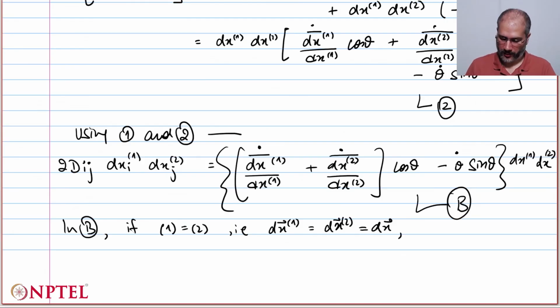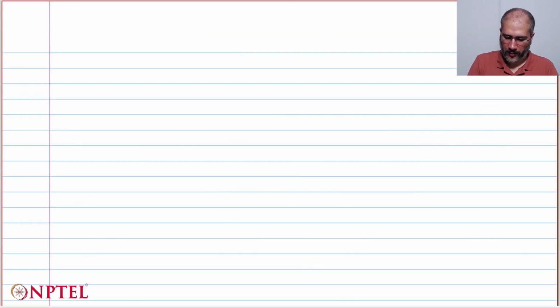So I'll let you do it, and what you will get is dij ni nj is equal to dx dot upon dx. And this is something we already found out earlier. So there's nothing interesting we get from putting 1 equals 2 here. However, if I take my dx1 vector perpendicular to the dx2 vector, then I'll get something interesting.